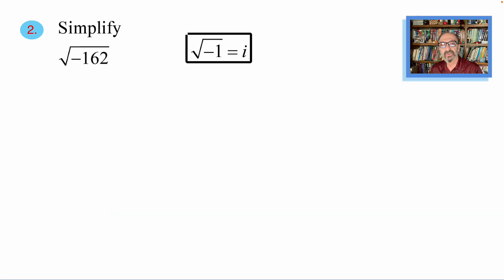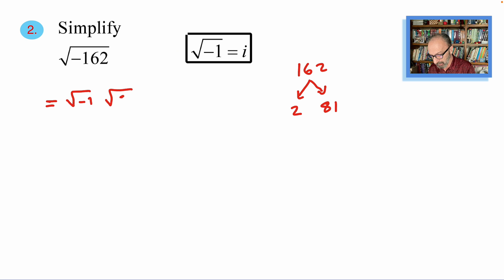We're going to be using the square root of negative 1 equals i, the imaginary number. Square root of negative 162. First, we take 162 and we try to factor it. We end up dividing by 2, which equals 81. Now 81 is a perfect square. We don't have to factor it to 9 times 9. This becomes square root of negative 1 times square root of 81 times square root of 2.